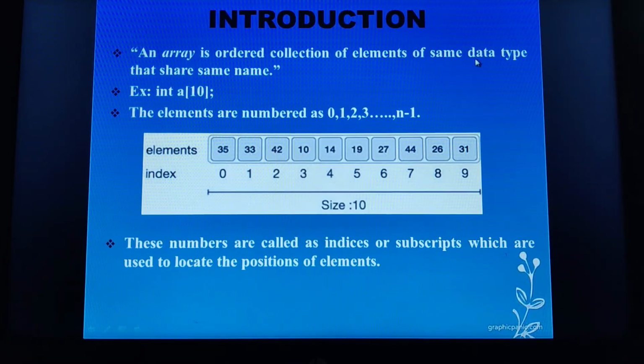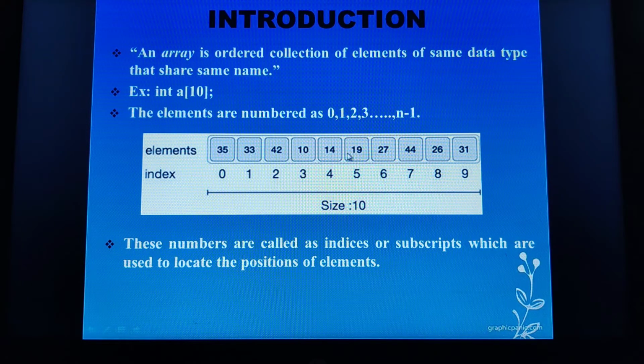Same data type in the sense what? The data type of this number is integer, isn't it? 35 is an integer. If it is 35.0, that is a floating number. Here again 33 is an integer, 42 is an integer, 10, 14, 19. All these are whole numbers. They are a collection of whole numbers of the same data type.